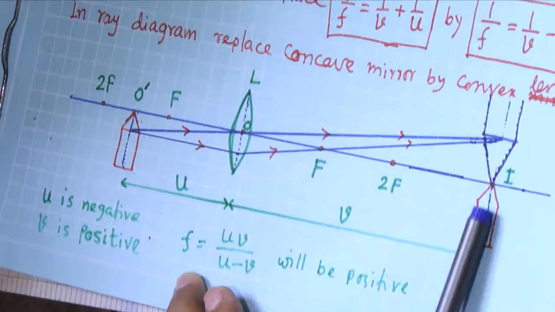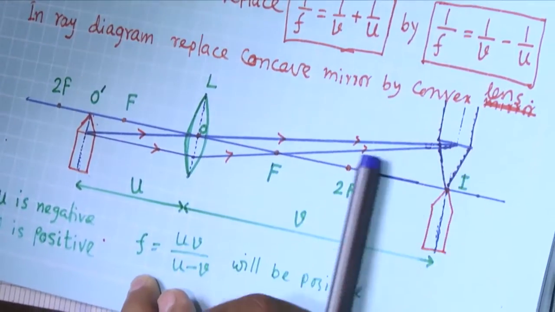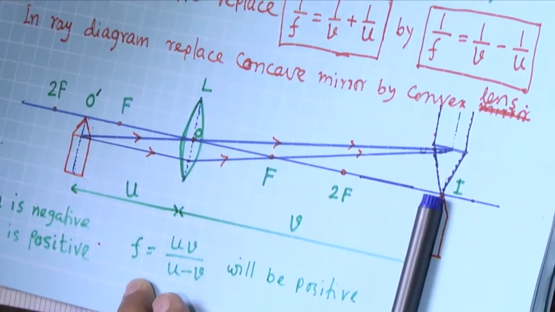Okay, take them aligned. That means these two tips will coincide. Okay, so first try to find out that distance.